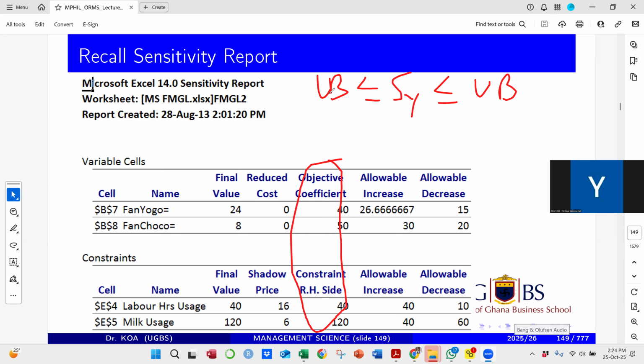The sensitivity range is the objective function coefficient minus the allowable decrease on the left side, then the same coefficient plus the allowable increase on the right side.